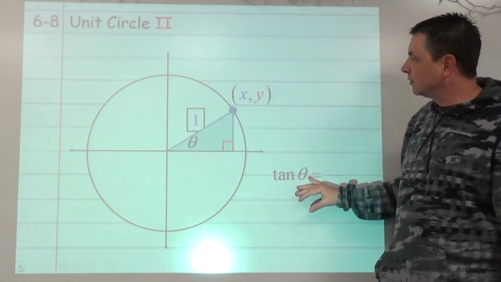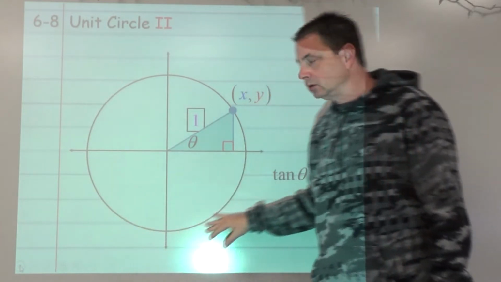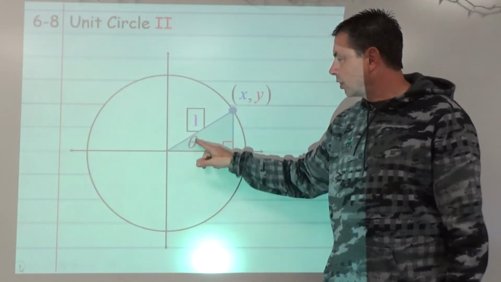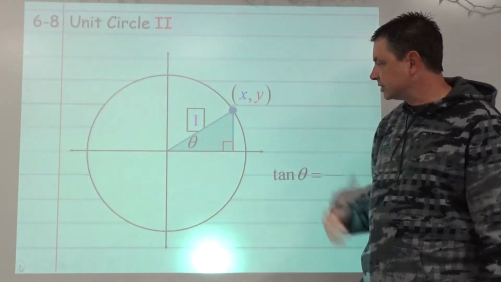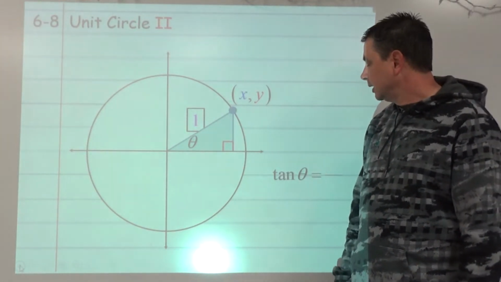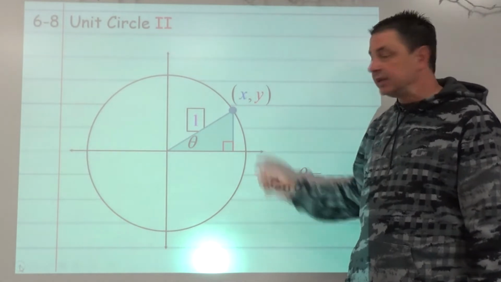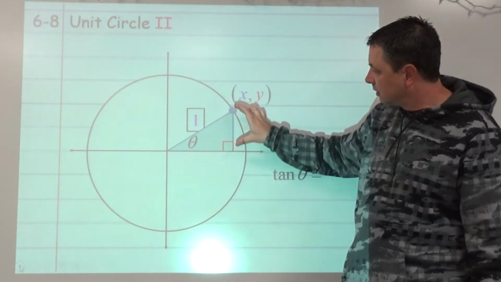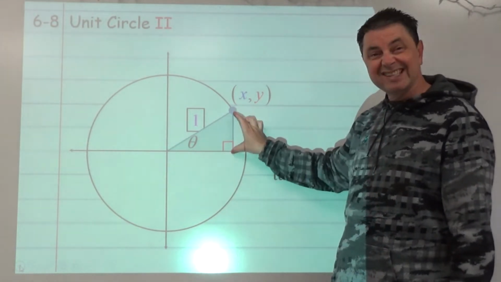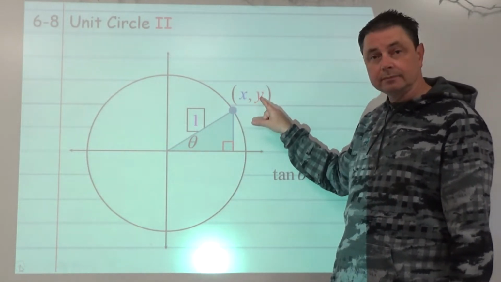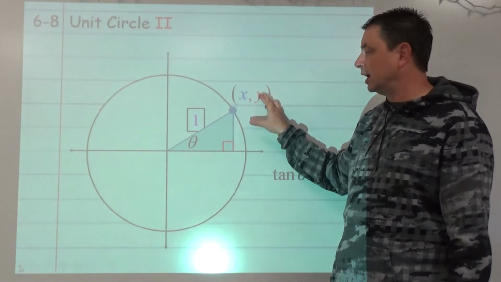So the tangent of theta in the unit circle, here's our theta representing our trig triangle, standard position angle. And we know that tangent is opposite of theta divided by adjacent. And this length is y. So the opposite length is y.